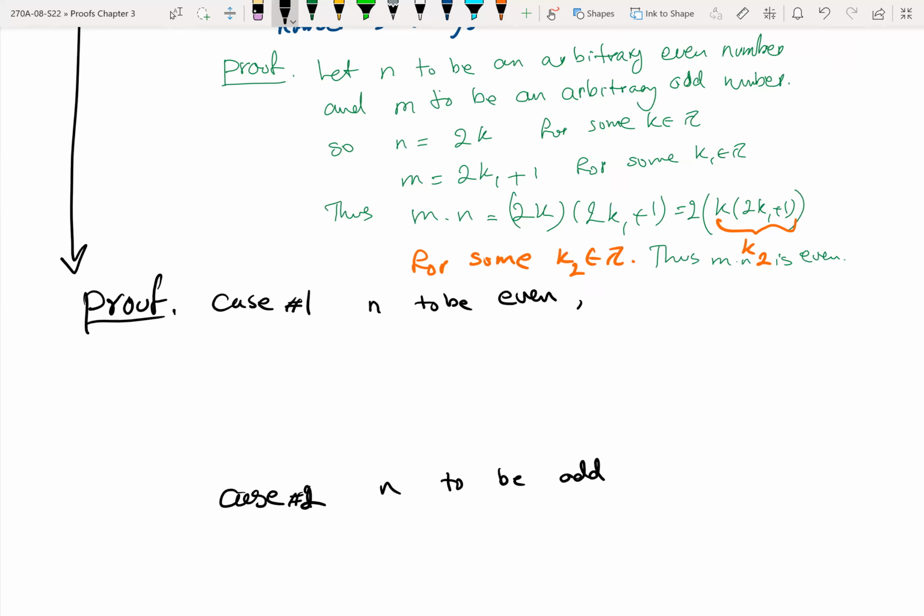So what's n plus 1? If I start with n to be even, then n can be written as 2 times k for some k. So then n plus 1 is 2k plus 1.